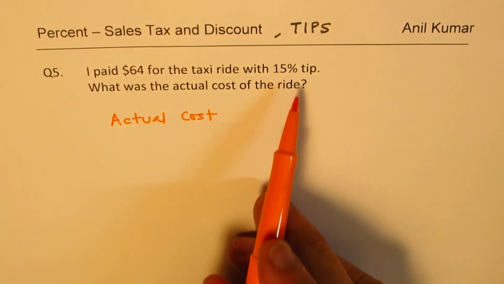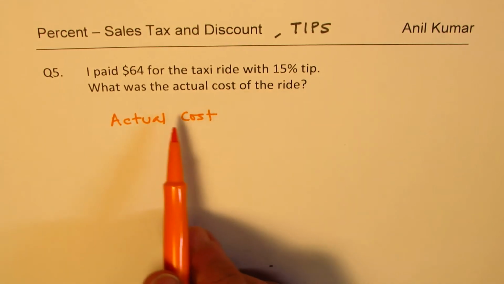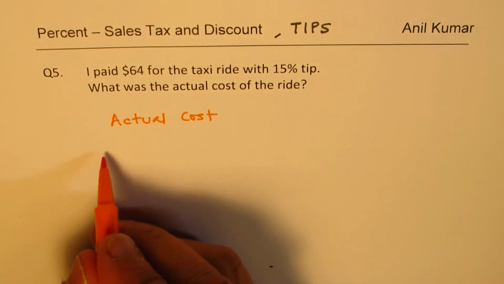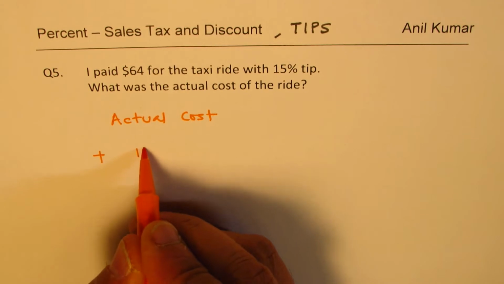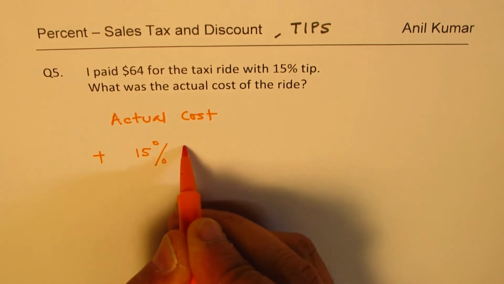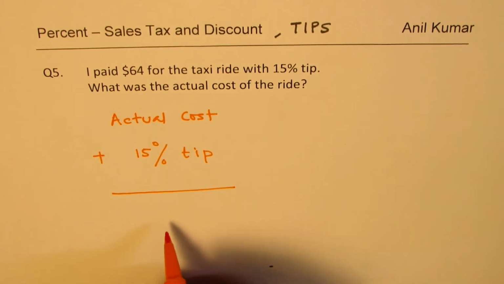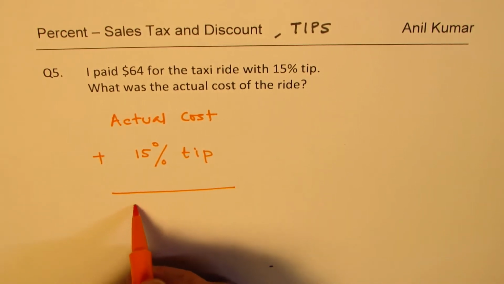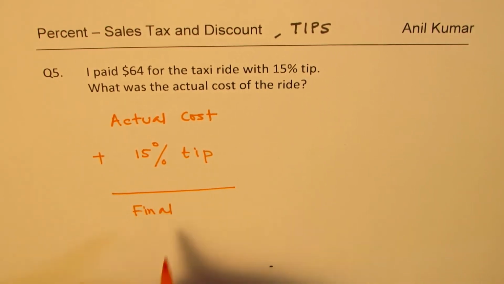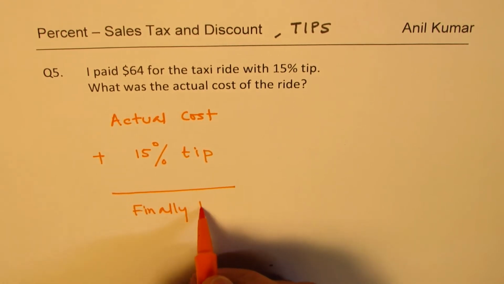Now I am paying 15% tip on this actual cost. So actual cost plus 15% tip. And once you add this up, you get the final payment. Finally paid.